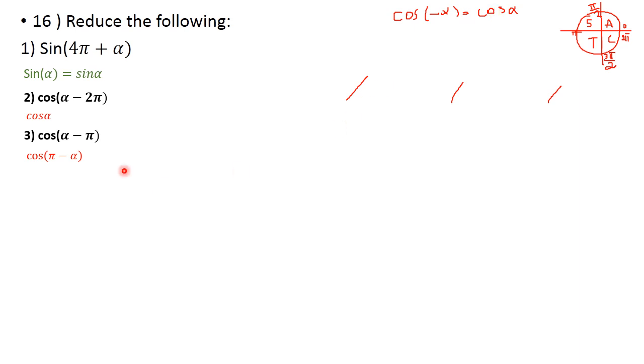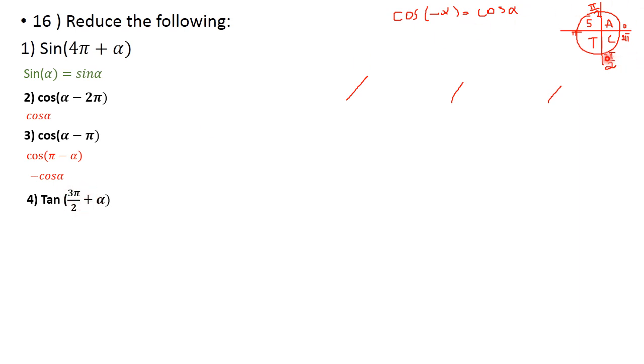Now I discuss pi minus alpha, in which quadrant? It's in the second quadrant. So the only positive line is sine. So cosine pi minus alpha is minus cosine alpha. Sorry. Let us continue. Now we have tangent 3 pi over 2 plus alpha. What's 3 pi over 2 plus alpha? It's in this quadrant.